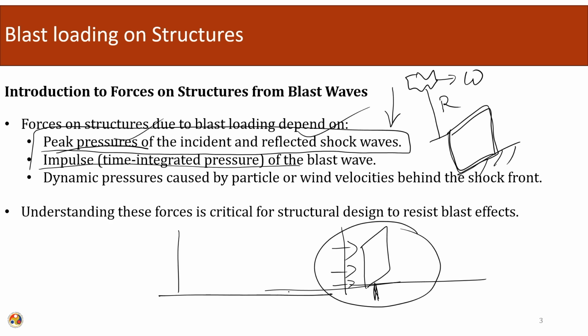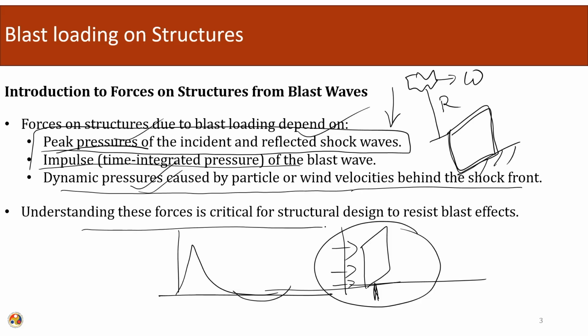It will also depend upon the total area under the pressure time curve. Okay. It will also depend upon the dynamic pressure caused by the particle or wind velocities behind the shock front. Okay. Behind the shock front, whatever the wind velocities are. Okay. So, if they are exerting any dynamic pressures, the forces will also be a resultant of that. Okay. So, we will now try to understand these forces so that they can be used in the structural design to resist the blast effects.